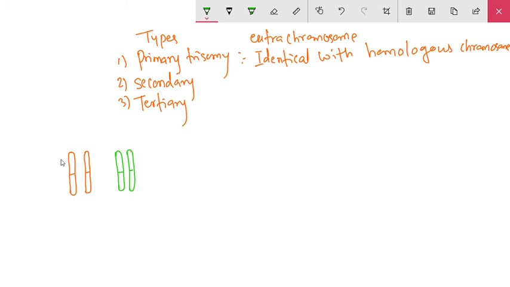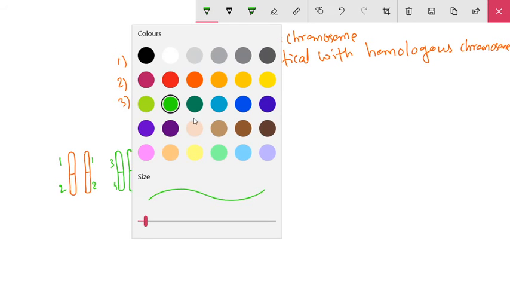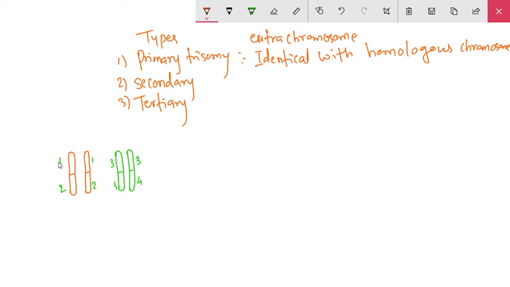So suppose this part is 1, 2, it is homologous, therefore it is also 1, 2, and this is 3 and 4, it is also 3 and 4. Okay, so when this added extra chromosome is exactly similar to this chromosome, that means this extra chromosome is identical with this homologous chromosome.